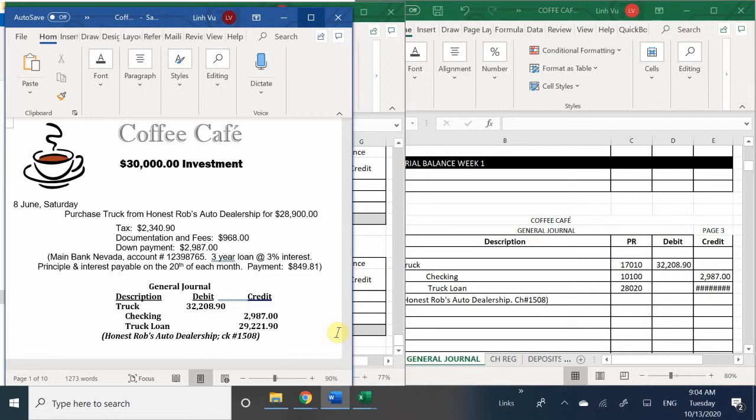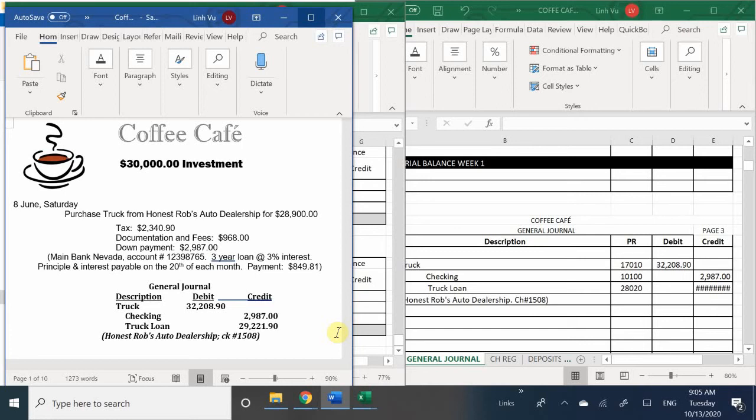And we know that it's 3% interest on the principal, with its interest payable, and that it's going to be due every 20th of each month. So you can write in the National Bank account number 123987.